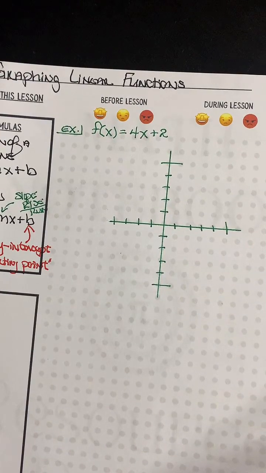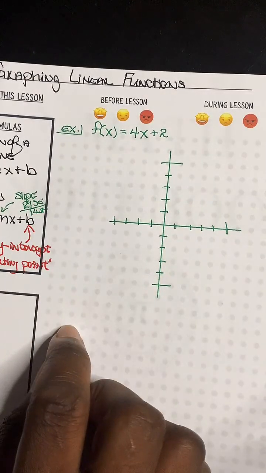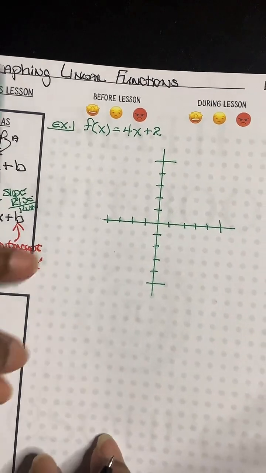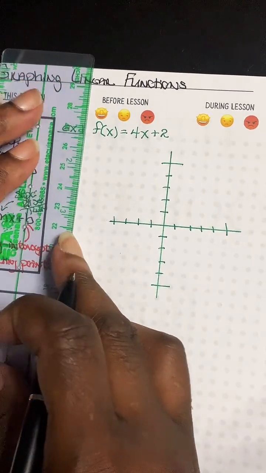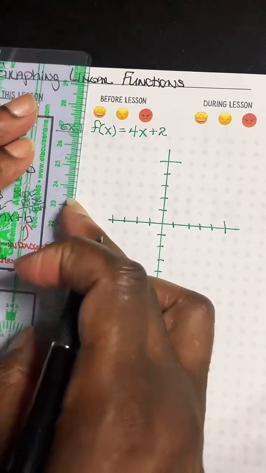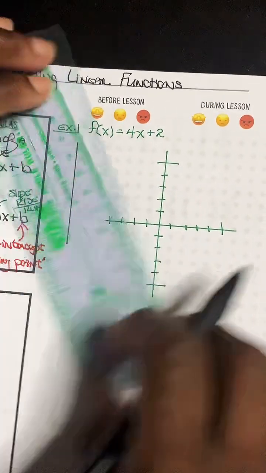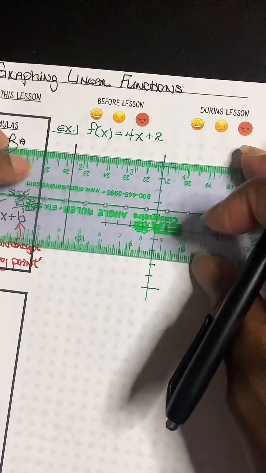So we can do this one of two ways. We could create a table, and that's perfectly fine. So if we went ahead and just created, as some people like to call it, an XY table, we can graph the points that are going to be on the line.